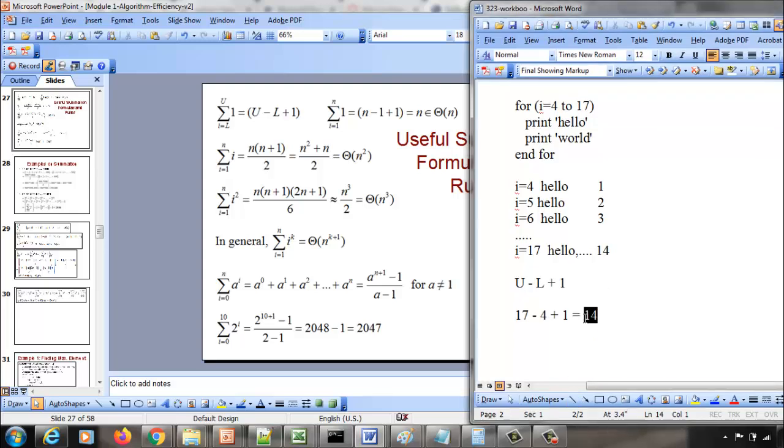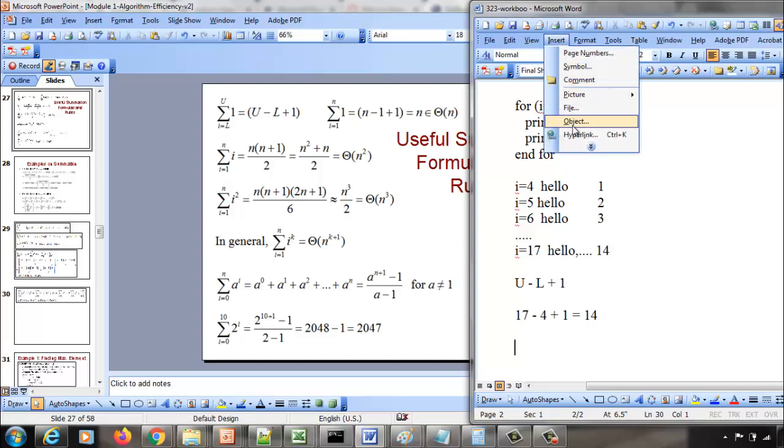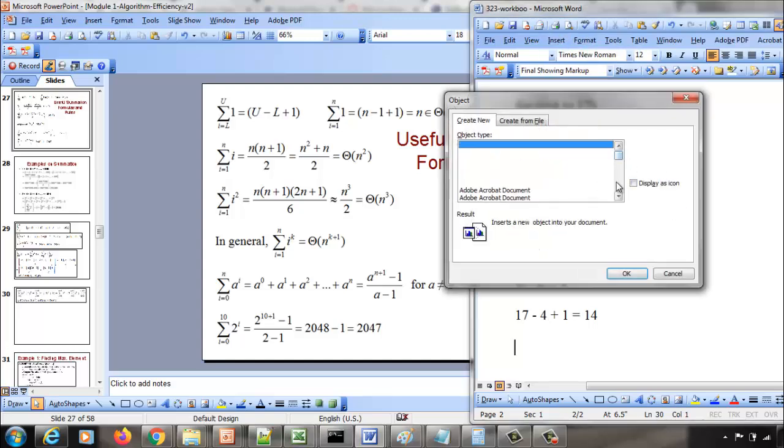But are you still printing 14 times? You have to understand you're printing separately: print hello, and then in another line you print world. So you're doing 2 print executions for each iteration, right? That means the formula should look like this. Let me try to use the equation editor.